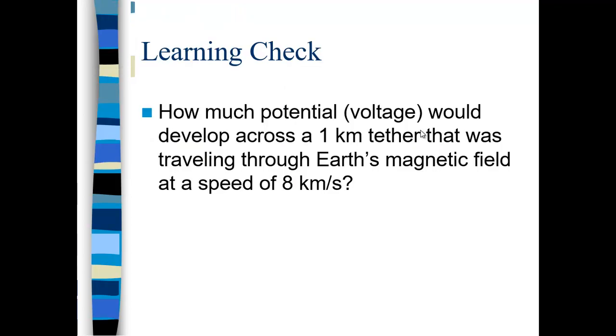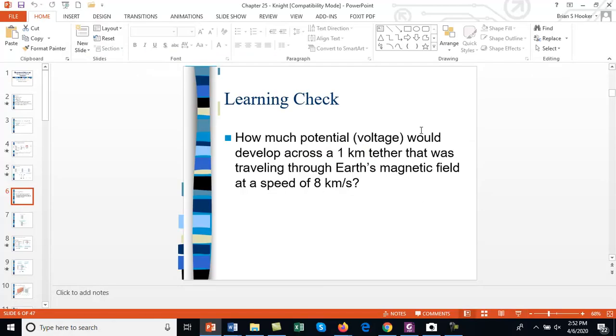Okay, so here's our first learning check, our example. How much potential voltage would develop across a 1 kilometer tether that was traveling through Earth's magnetic field at a speed of 8 kilometers per second? Let's go to our document camera here. You can see that.